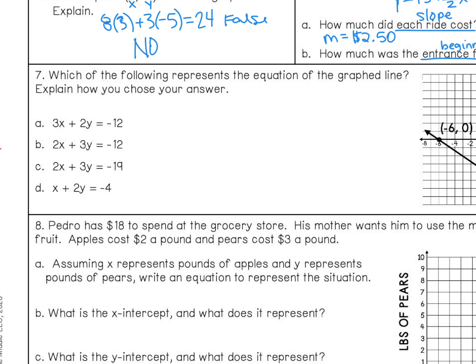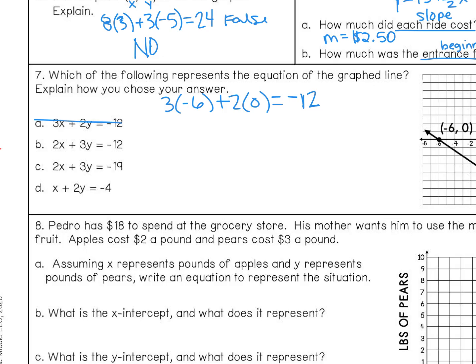So if we're going to plug in the coordinates, for A, if you plug in (-6, 0), then you're saying 3 times -6 plus 2 times 0, is that -12? No. So it didn't work for the first one, so we're automatically done. If you wanted to do that method, is that what you prefer? Do we want to change anything to y equals mx plus b?